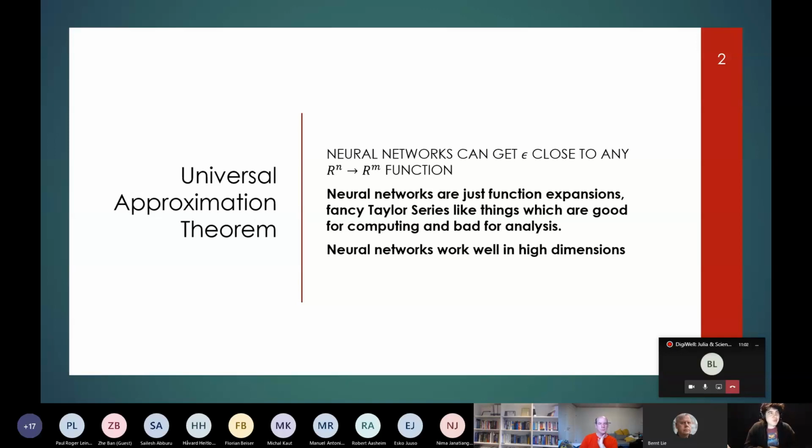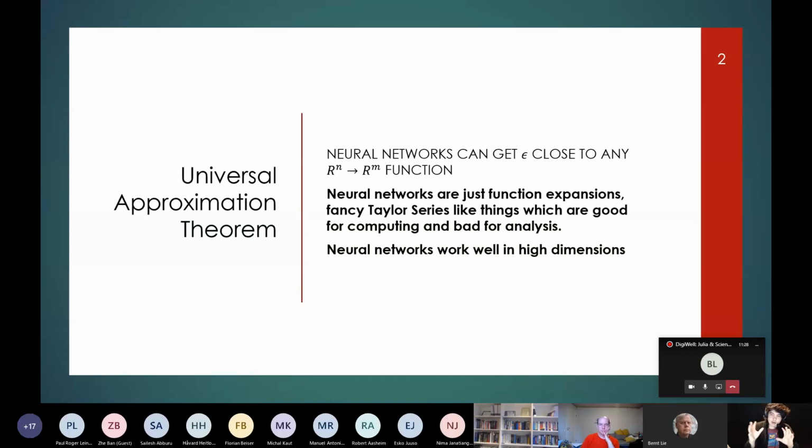And there are a lot of nice properties: there's a bunch of local minima, but all those local minima are actually very close to the global optima, so you might as well just do local optimization. If you just do gradient descent on it, you tend to find the similar or the same Rn to Rm function, even if the parameters are different all the time. So they have some very magical properties, and they also work very well in high dimensions.